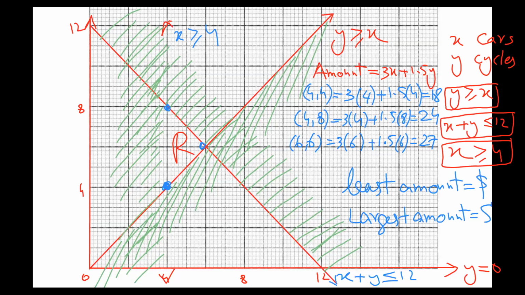The least amount is very clear, $18, and the largest amount he can receive is $27, and that's it.